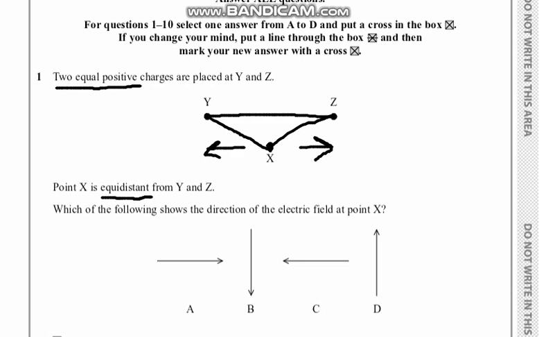If y had been positive and z negative, then I could have said that the field is in the left or the right direction. So we can cancel out options A and C.